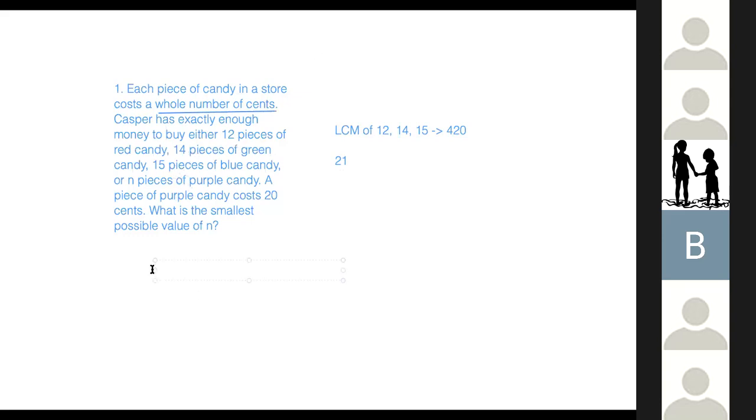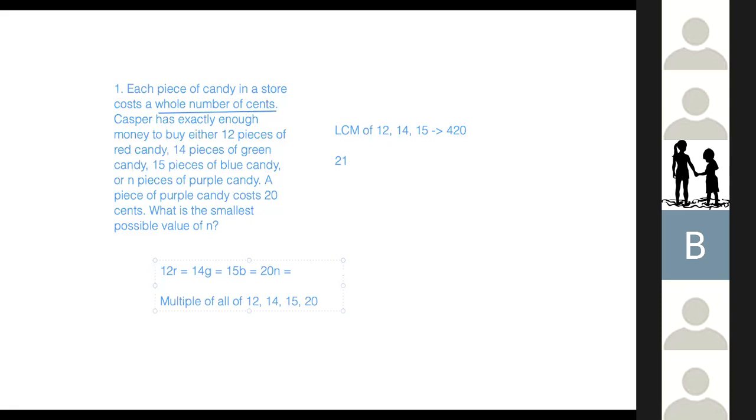So 12R is equal to 14G is equal to 15B, where, let's say, R is the cost of a red candy, G is the cost of a green candy, B is the cost of a blue candy, or N times 20. So we know that these are all equal and they're all integers. So we want some number for this that's a multiple of all of 12, 14, 15, and 20.